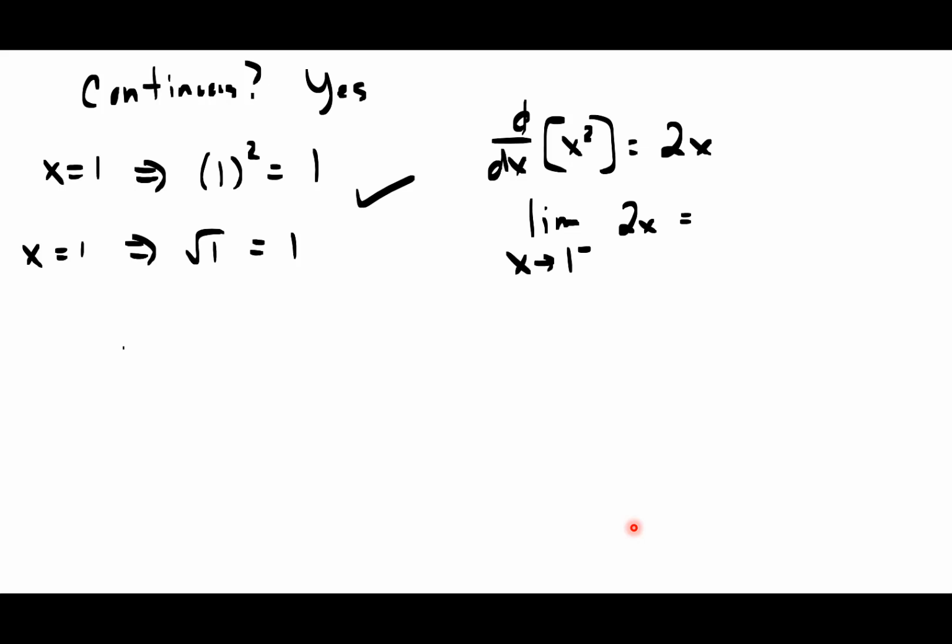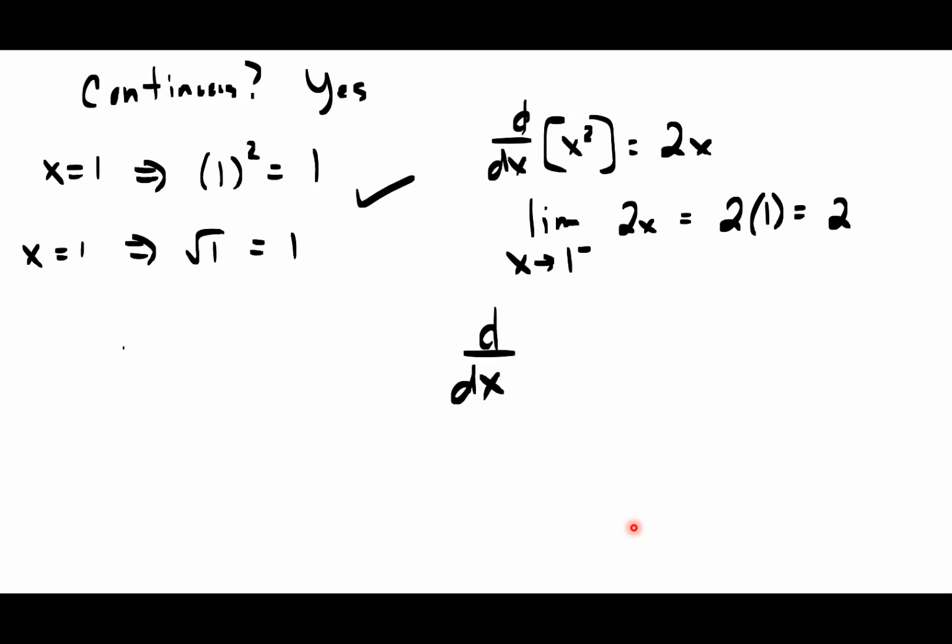So can I plug in a 1 into the limit of 2x as x goes to 1 from the left side? Yes, I can plug it in. There's no barrier there. There's no fraction that I can't plug in. So here it is. My slope of x squared approaching 1 from the left side is 2.